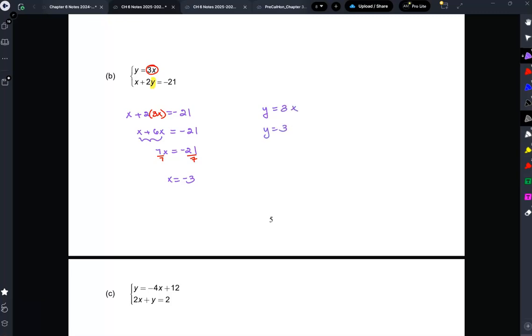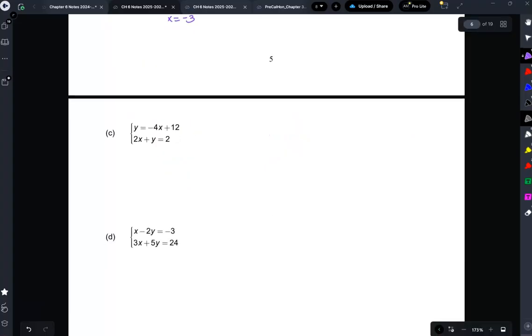Y equals 3 times negative 3, negative 9. So it's negative 3, negative 9. That's my answer. Okay? You're constantly going back and forth like a loop in those equations. All right? Okay. You ready for the next one?